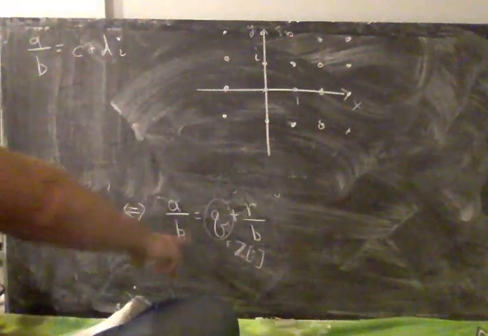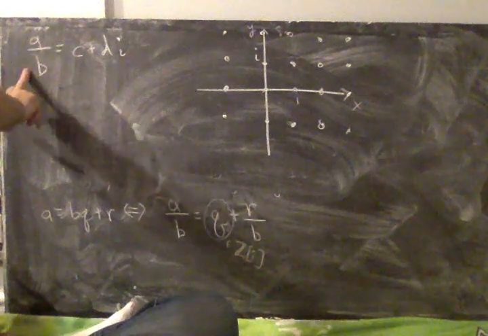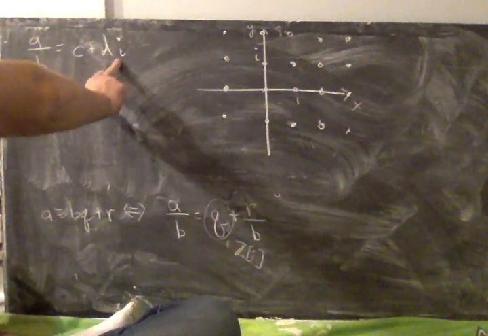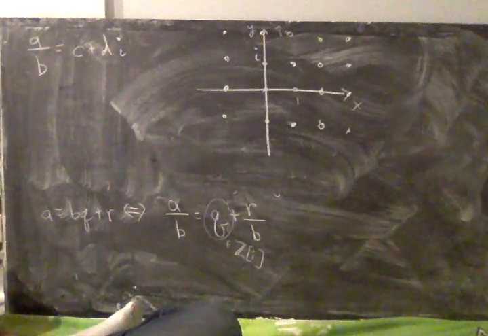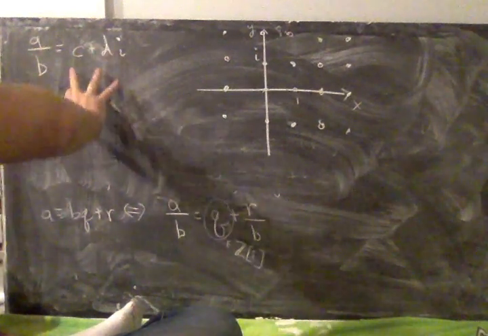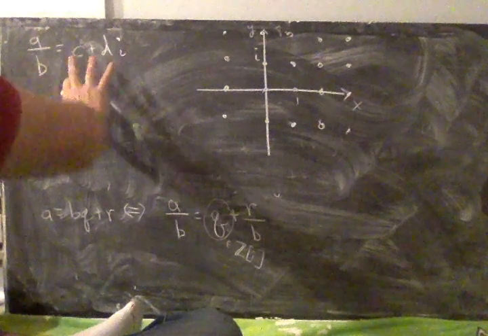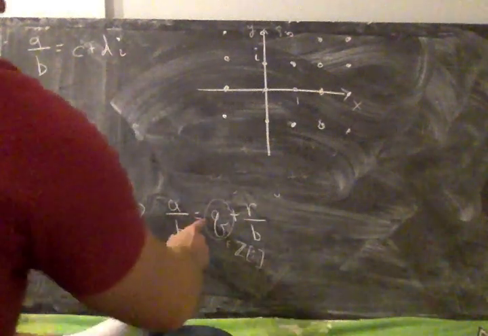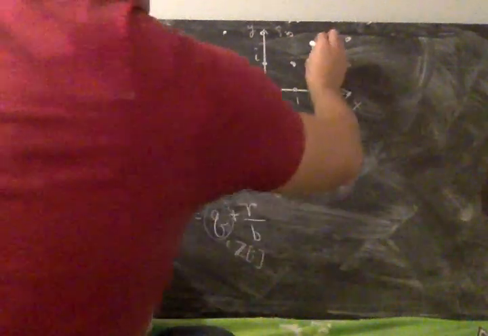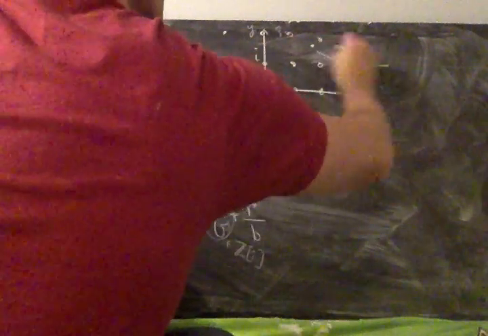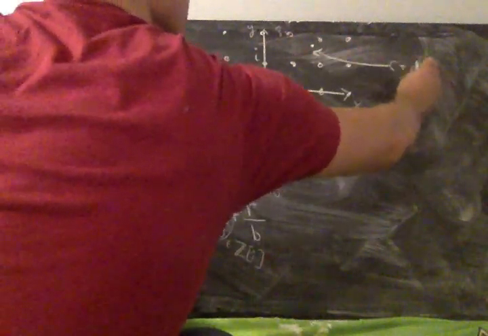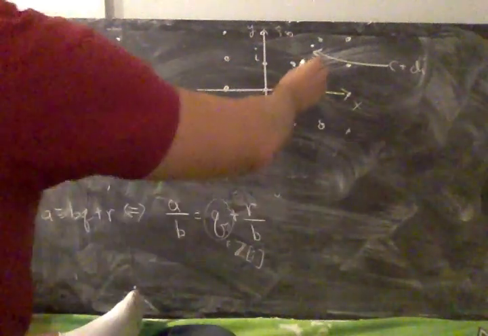And I have my A and my B in hand, and I look at A over B. That's some complex number, C plus DI. In fact, C and D have to be rational. You can check, but that's not too important. You can just think about these as real numbers. This lands in the complex plane somewhere, so let's just visualize. Let's say it lands here. So let's say this is C plus DI, right there.